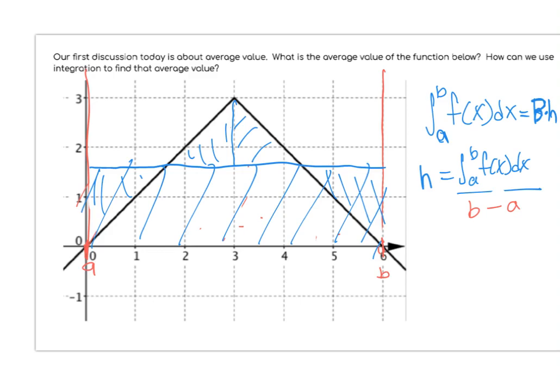What's really neat about this is that this gives us the average value of this function. And we're going to learn some stuff today. It's going to let us write things a little bit differently, and we're going to see this connect back to things that we've been using for a very, very long time. But for now, this is defined as the average value: the total area divided by the width of that interval.